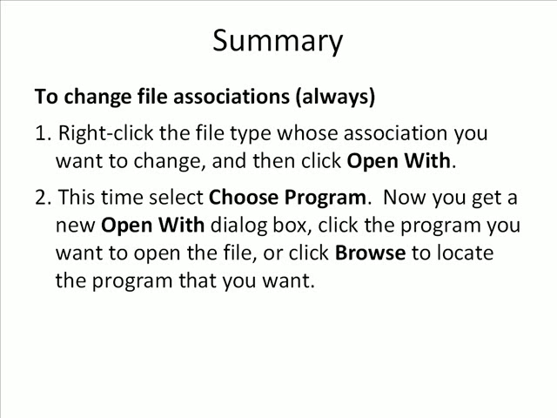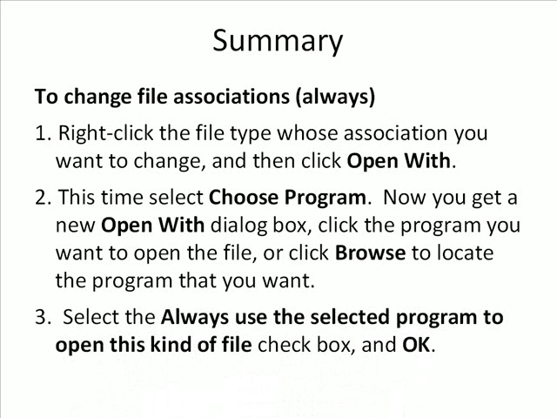And then, if you notice all the way down at the end of the list of programs, you're going to see always use the selected program to open this kind of file, and there's a little checkbox there. Make sure there is a check in that box, and once you've done it, click OK. And having done so, that specific file type will always open with the selected program.